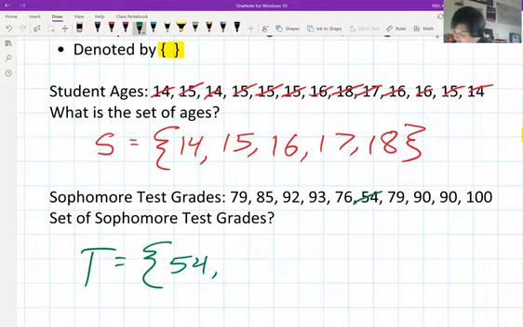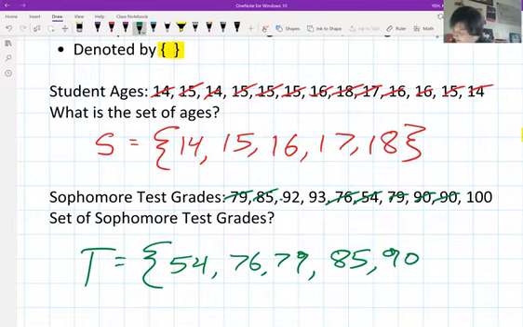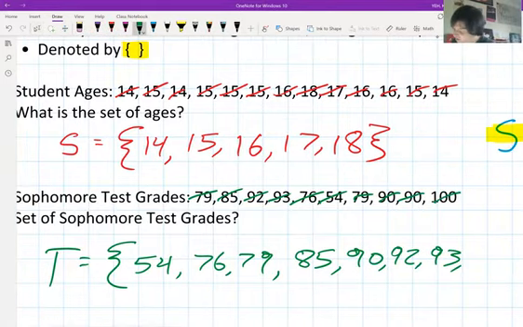Then I see some 70s, so 76, 79. Not going to list 79 twice, don't want duplicates. 85, 90, takes care of both of those. We see 92, 93, and then one sophomore earned a perfect score, assuming this is out of 100.